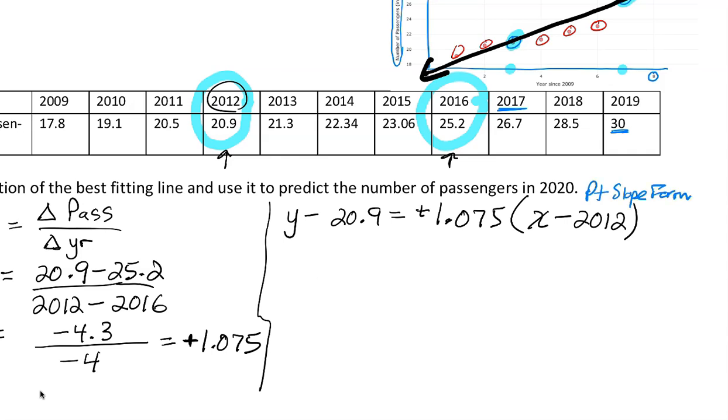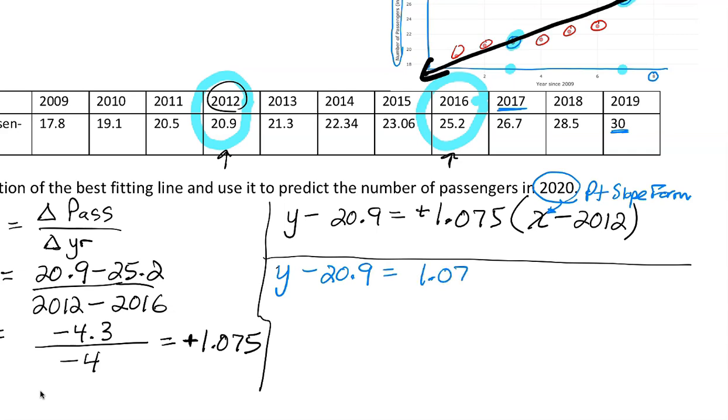So we could actually use that equation and evaluate how many passengers we are predicting in 2020. We'll just put 2020 in for x, the year. So we'd have y minus 20.9 equals 1.075 times 2020 minus 2012.